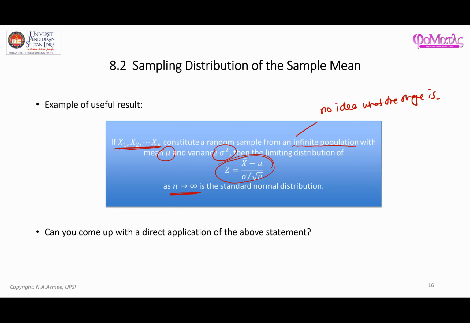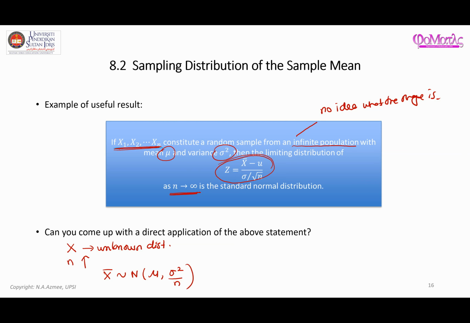And the implication is that, like I said earlier, x has an unknown distribution, but we take such a large n. Therefore, we get this result. We know that x bar is going to have a normal distribution with mean mu and variance sigma squared over n.